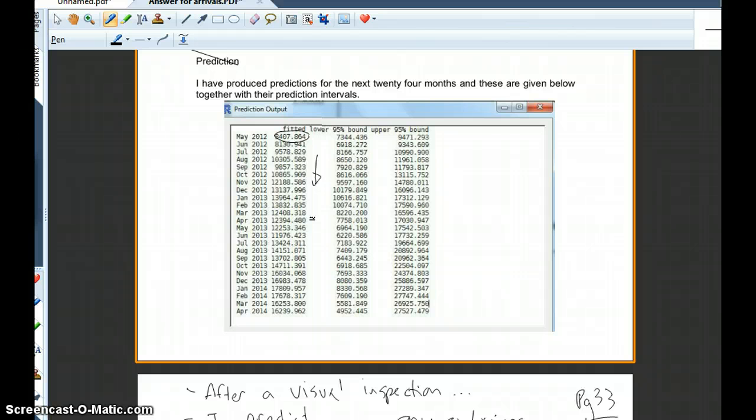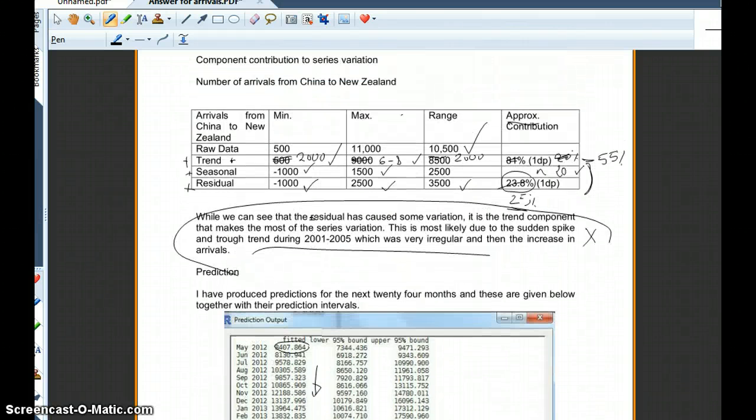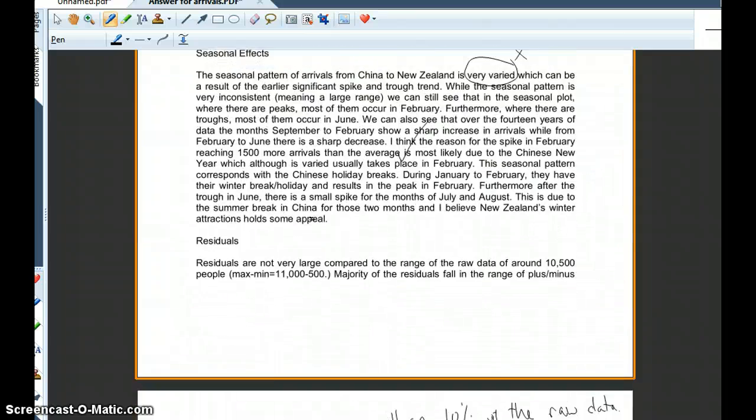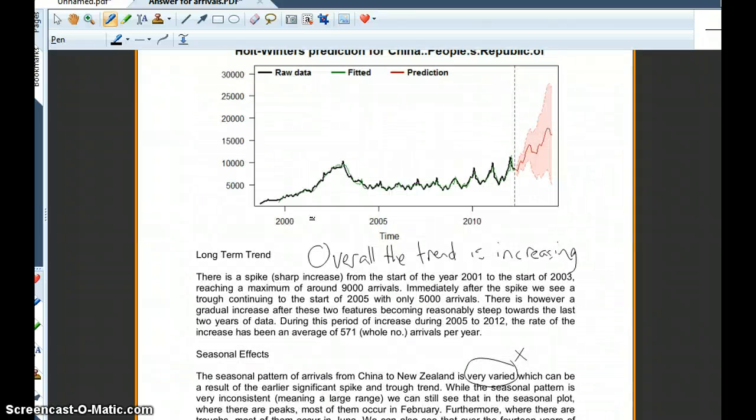The best thing to do actually is to go and look at your graph of the predictions and maybe choose one that's out here where the margin of error is quite large. Notice the margin of error gets larger the further away you get.